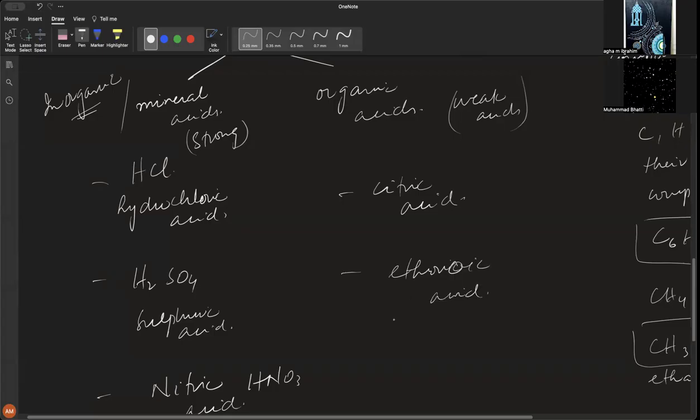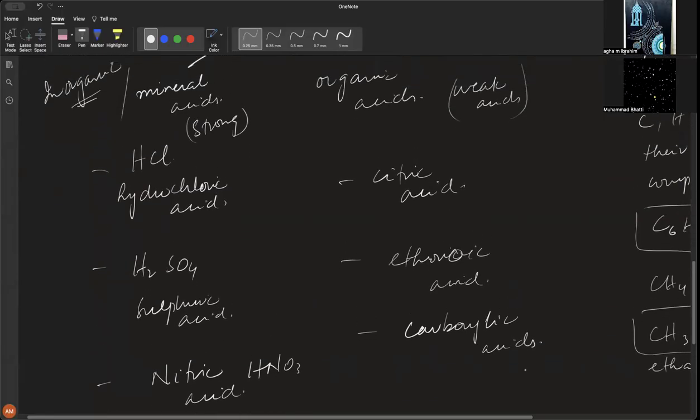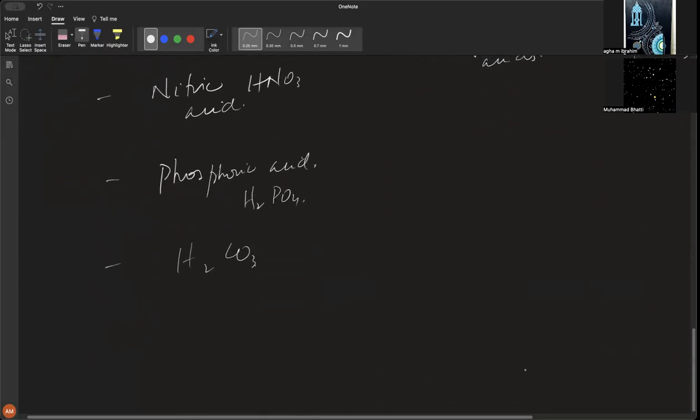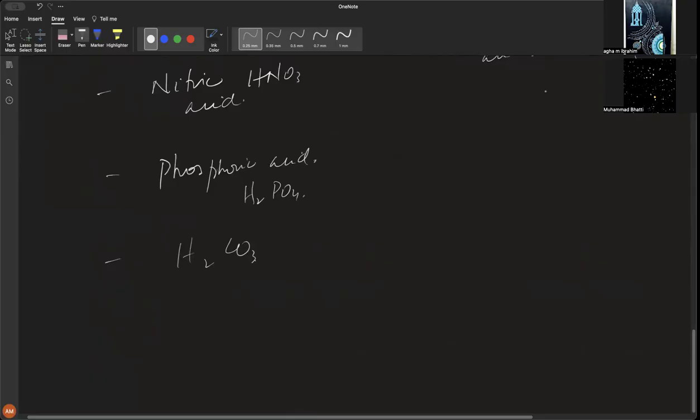All the carboxylic acids, like methanoic acid, ethanoic acid, butanoic acid, and all of those. We'll study about them. Now, this brings us to an important distinction of strong acids and weak acids.